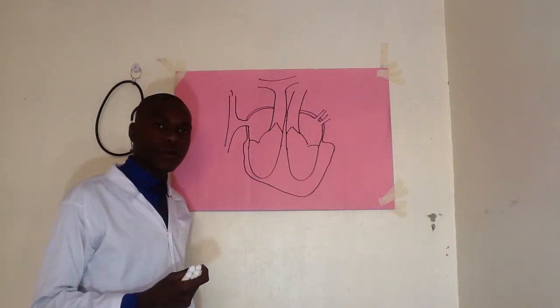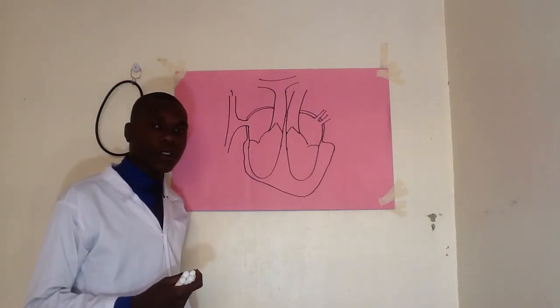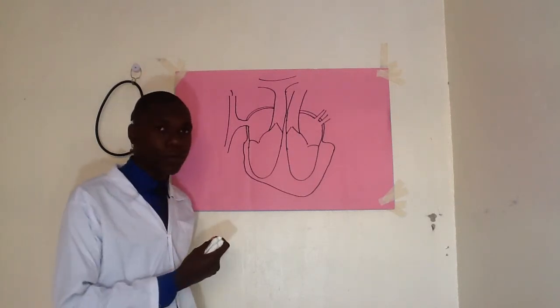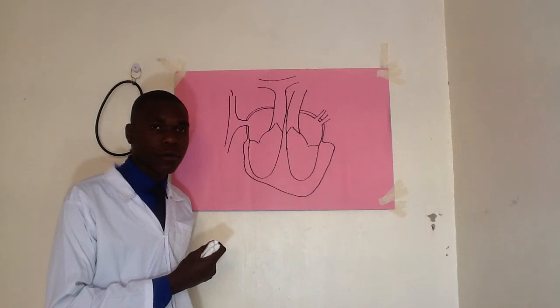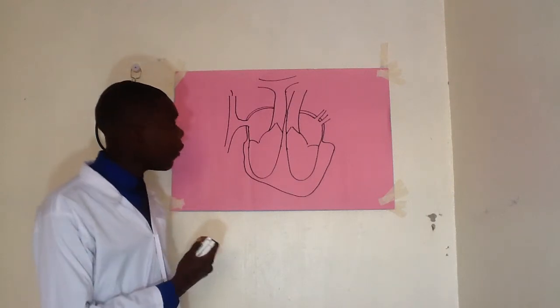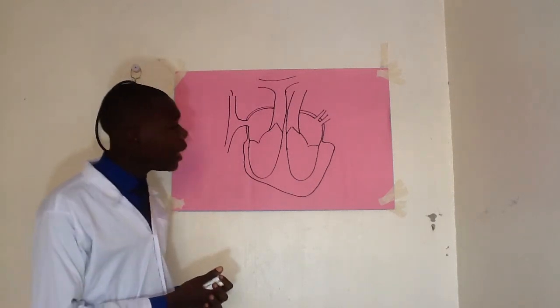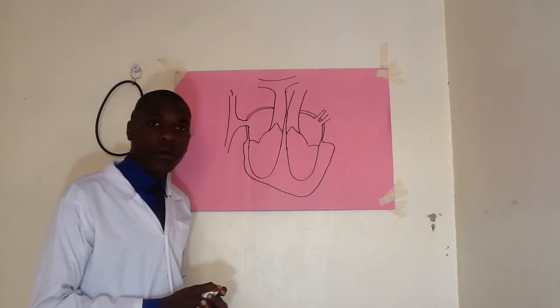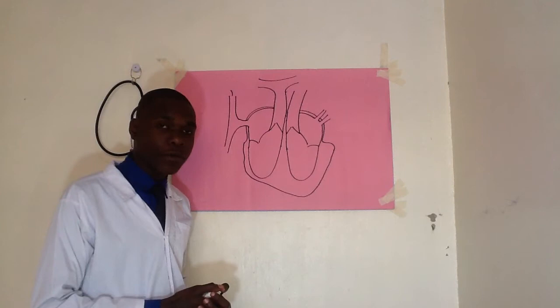Today's video is about the flow of blood through the heart. We are already aware that blood is moved away from the heart by blood vessels called arteries.